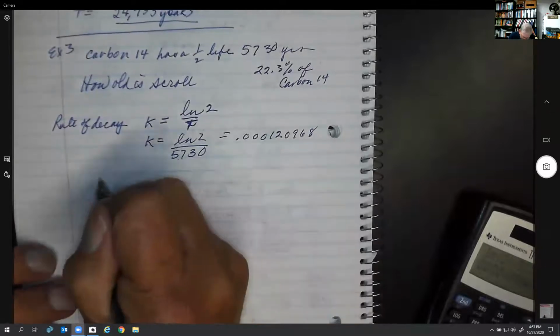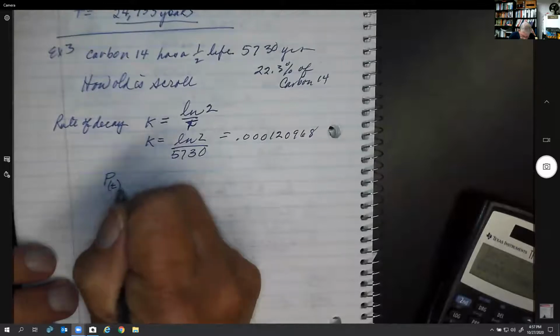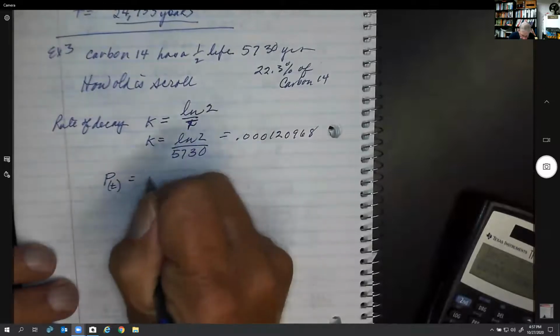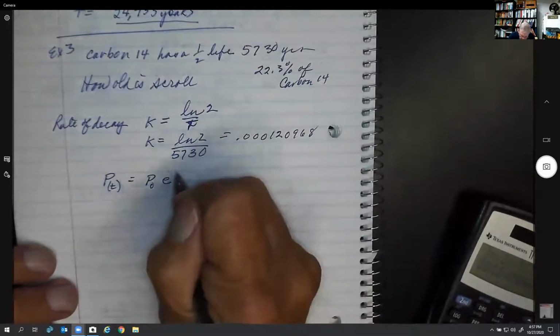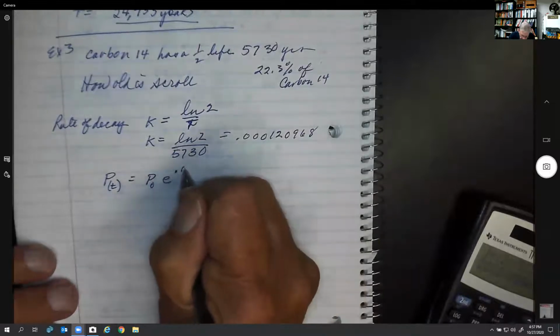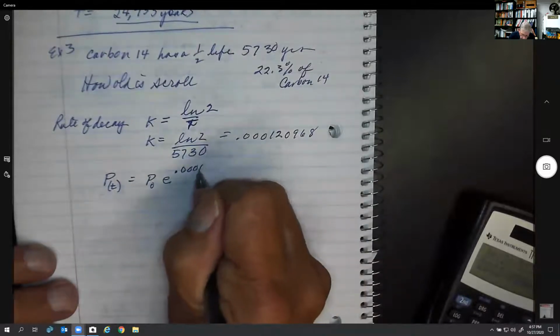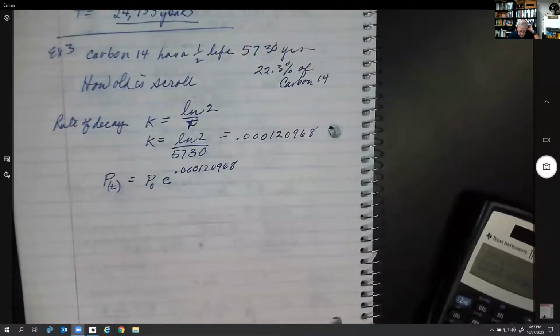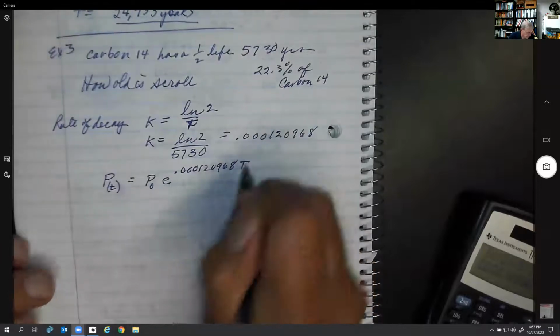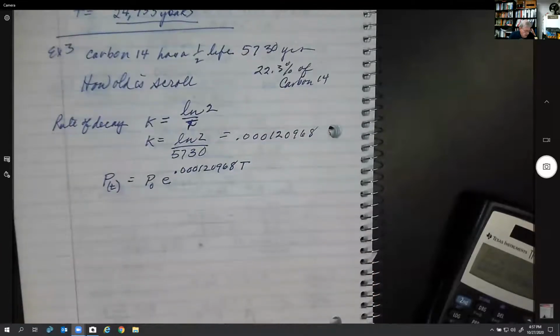Okay, so our general formula is P(t) equals P0, initial, times e to this number right here. This is not a percent, so we can just write it down, 0.000120968 times t. Okay. So 22.3% of this is gone.